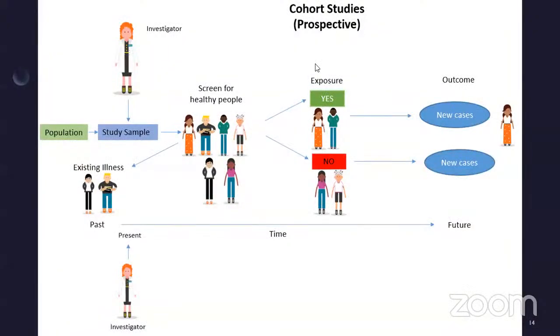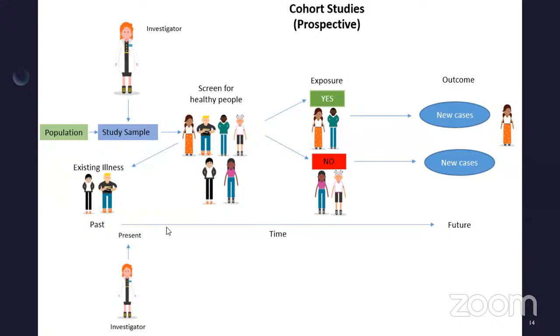Now, for example, this is a prospective cohort, means we are going to go forward, right? So you are going to screen for healthy people. The investigator is going to take a study sample from the population and she is going to screen the healthy people. If people have existing illness, that's in the past.